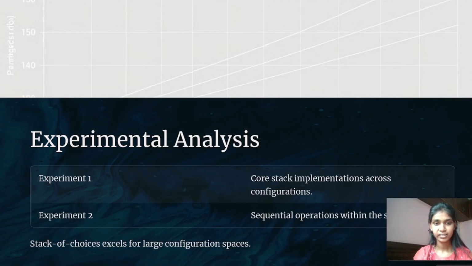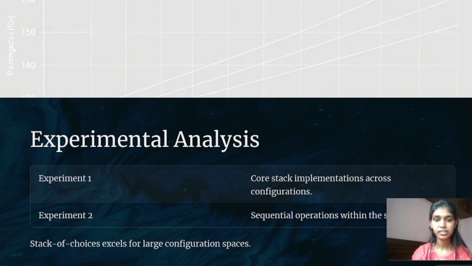Experimental analysis. Now let's look at the experiments. In the first experiment, we analyzed how different variational stack designs perform as we increase the number of configuration options.